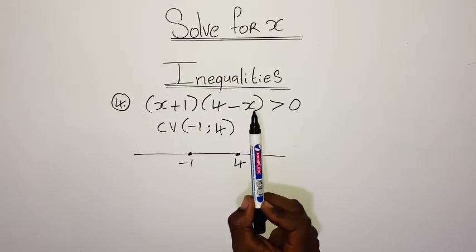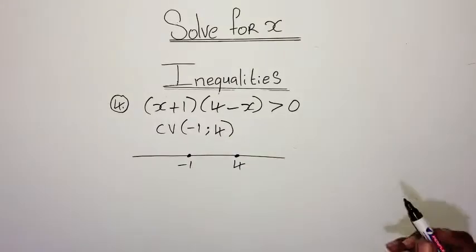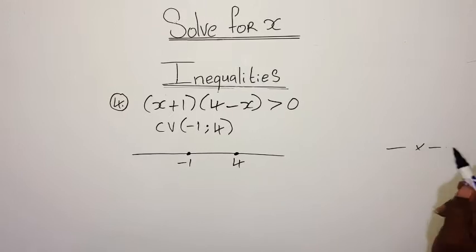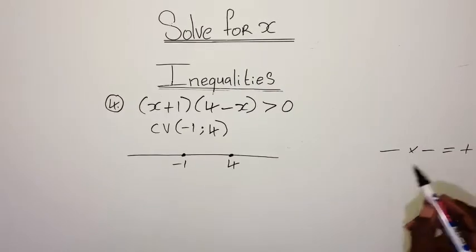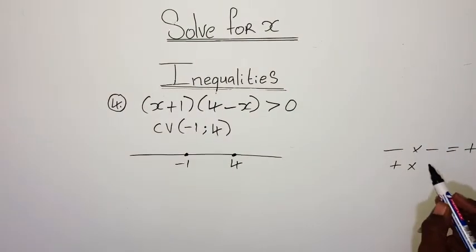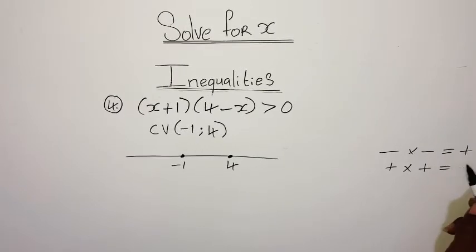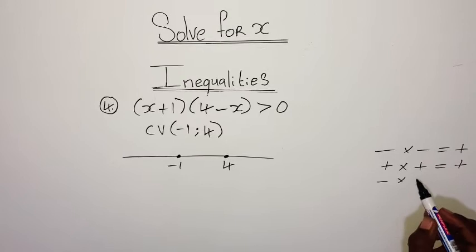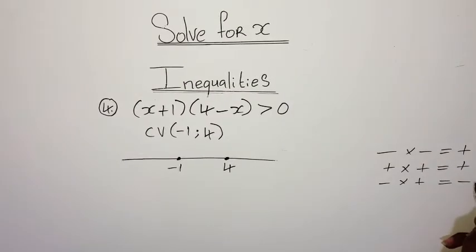So, knowing our product rule, a negative times a negative is a positive, and a positive times a positive is a positive, but when we multiply a negative times a positive, we get a negative.